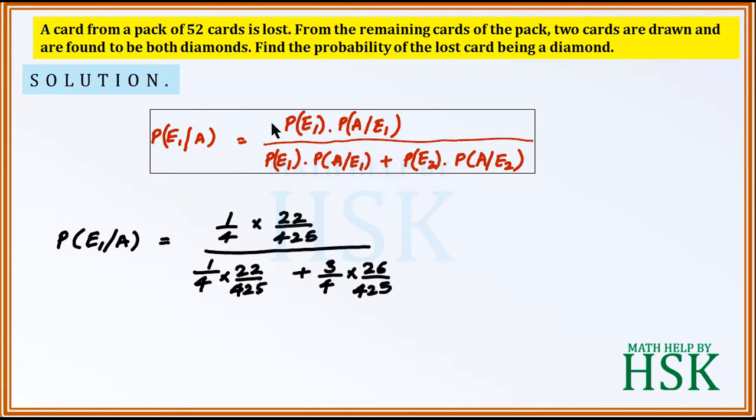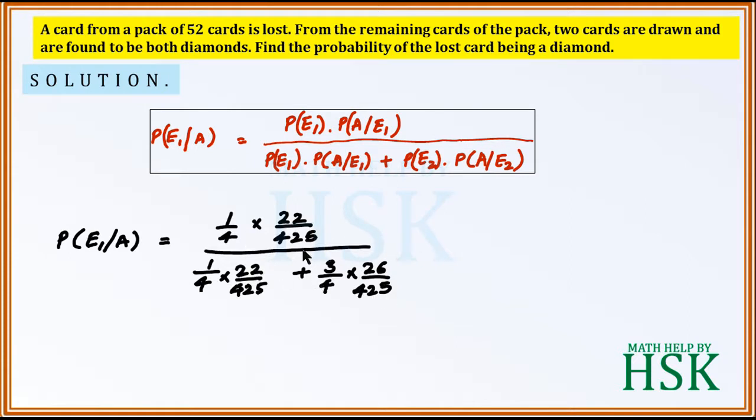So placing the values: probability of E1, that is 1 by 4, probability of A given E1, that is 22 upon 425, probability of E2, 3 by 4, and probability of A given E2, that is 26 upon 425.